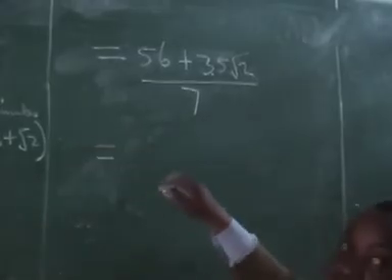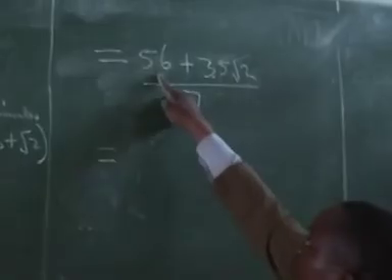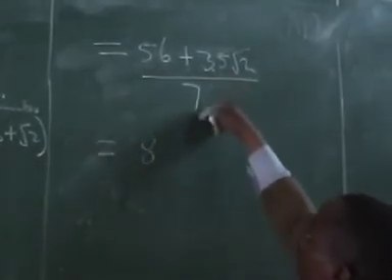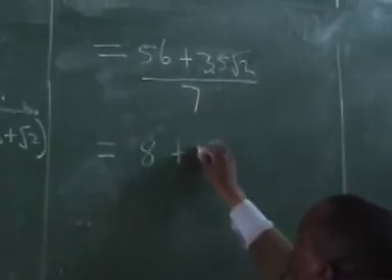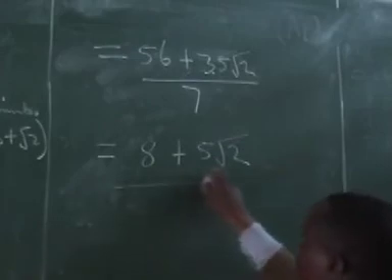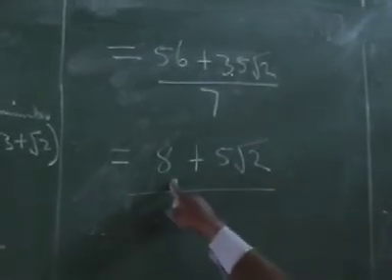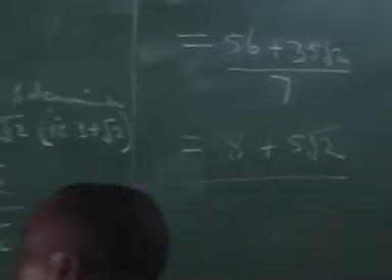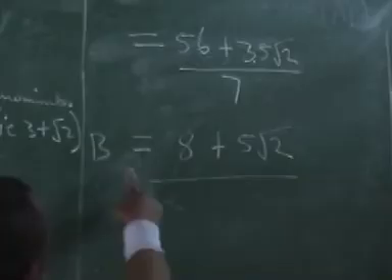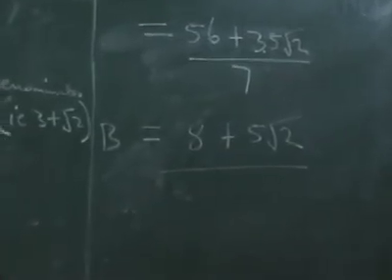If we divide by 7, 56 divided by 7 will give us 8, and 35 divided by 7 will give us plus 5 root 2. So that is the width of the rectangle. The width, or breadth, of the rectangle is 8 plus 5 root 2.